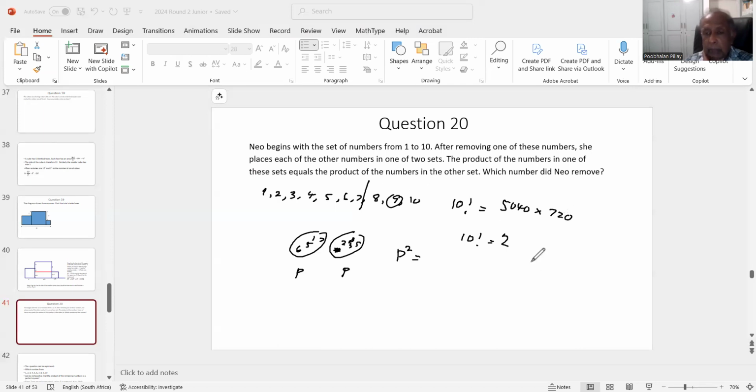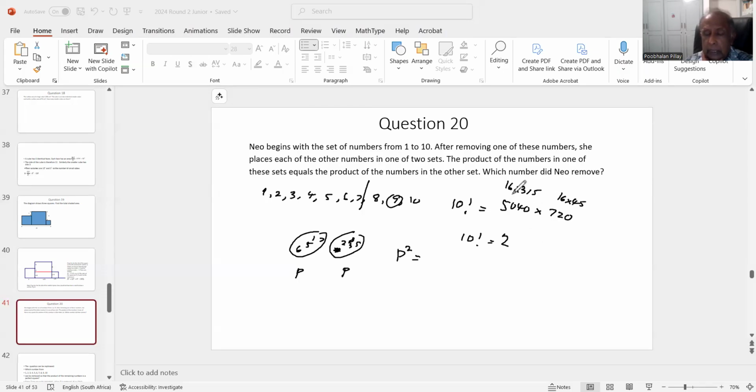And when you factorize these into powers, this thing here is 8 times 16 times 315, and this is 16 times 45.